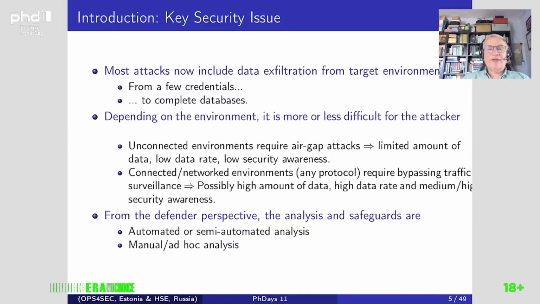On the other hand, on a connected network environment, whatever the protocol may be, you have to bypass traffic surveillance. But if you are successful, you can extract a high amount of data with a high data rate. And generally, what I have observed in different networks is that the awareness regarding this kind of exfiltration techniques is rather medium.